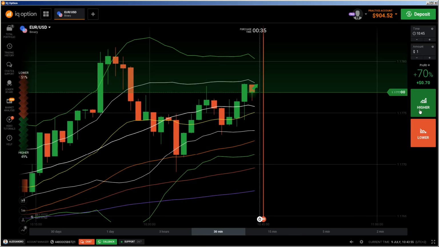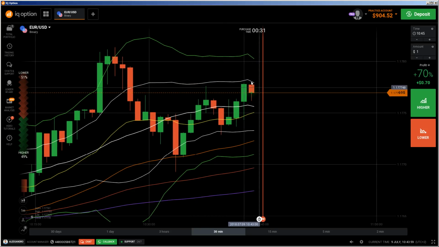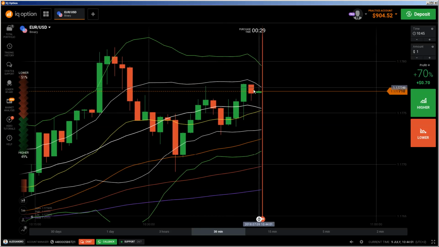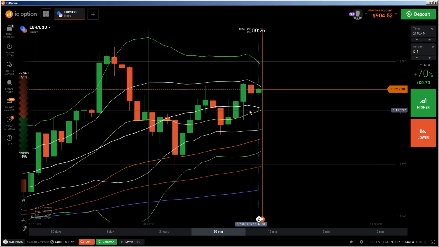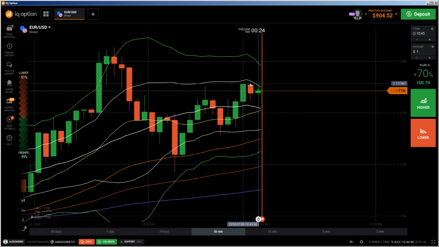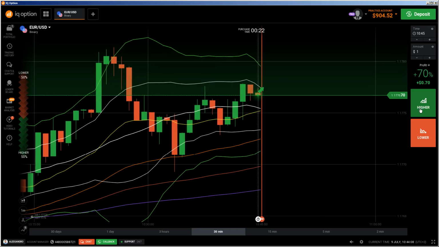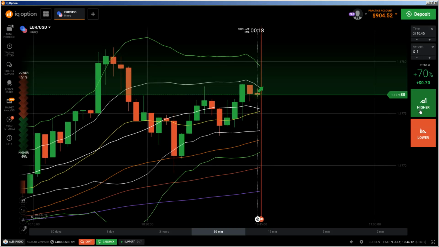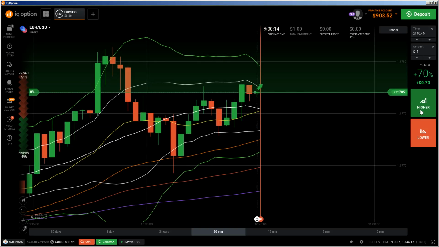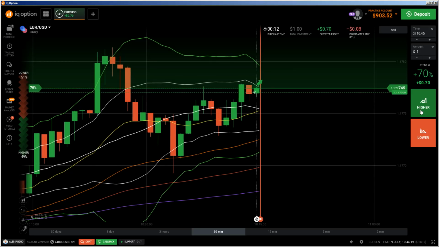I can do another call if the price will show me that we are still in uptrend, because then this would be only a retracement of the upcoming uptrend. So let me see. Yes. I'm going to do a call because I'm expecting that this was only a retracement.